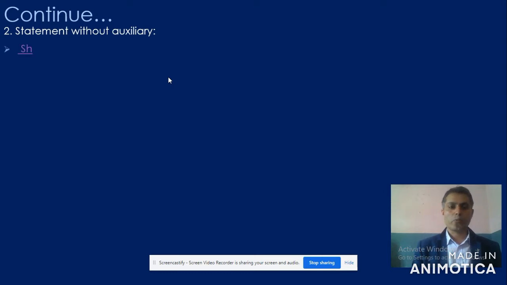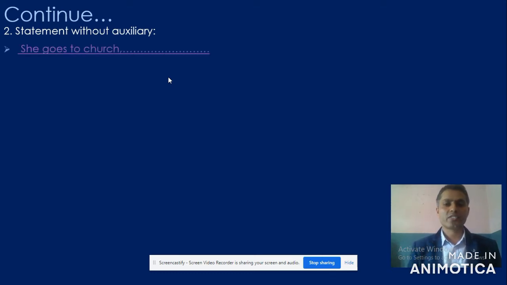Example sentence number one. Let's look at the screen first. She goes to church, right? Look at the statement first. Subject she, pronoun, goes, verb 5, the present simple form. Here under category number two, how can we supply the question tag? Obviously, look at the main verb first. There is no auxiliary verb.